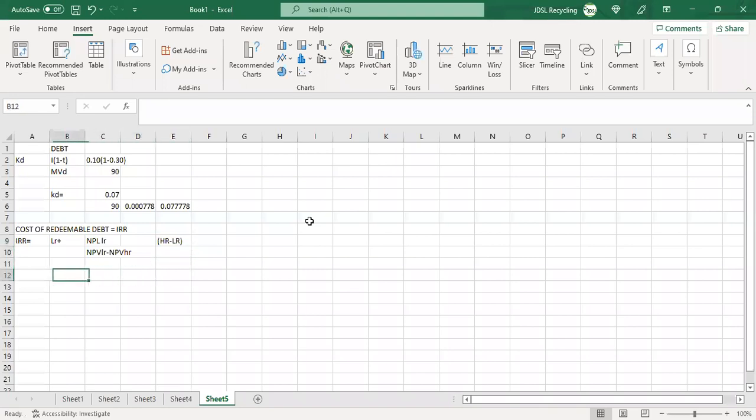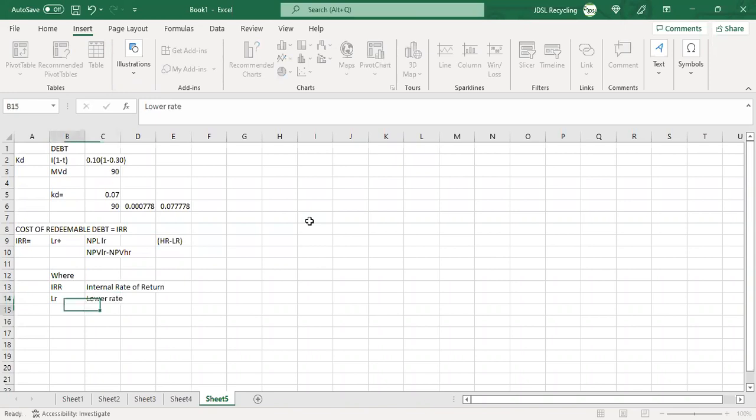Is this taken? Where IRR represents the internal rate of return, LR represents lower rate. Are we following?